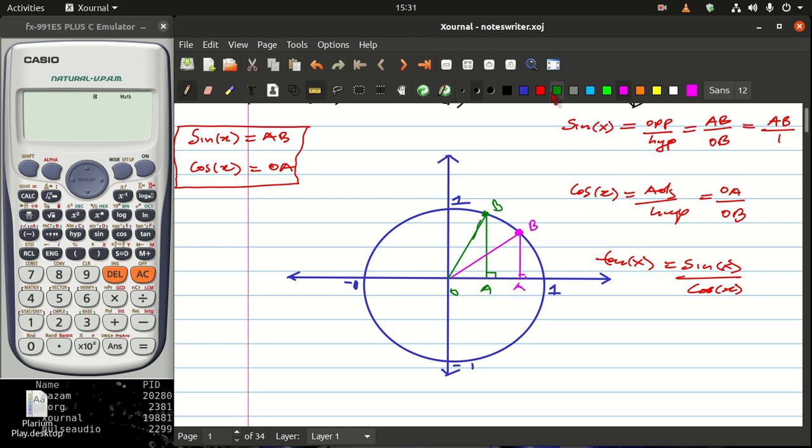But if we choose a different B to be somewhere there, this is our new B. Of course, you draw a line here to this point, and then you draw a perpendicular line to the horizontal axis, and that's where our A is going to be.